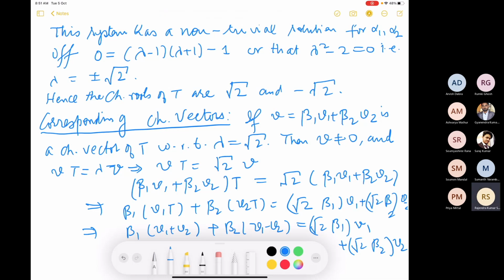What do we get here now? As a linear combination of v1 and v2, and once again we shall use that v1 and v2 are linearly independent since they are basis vectors. So this will again, as earlier, reduce to a system of linear equations.